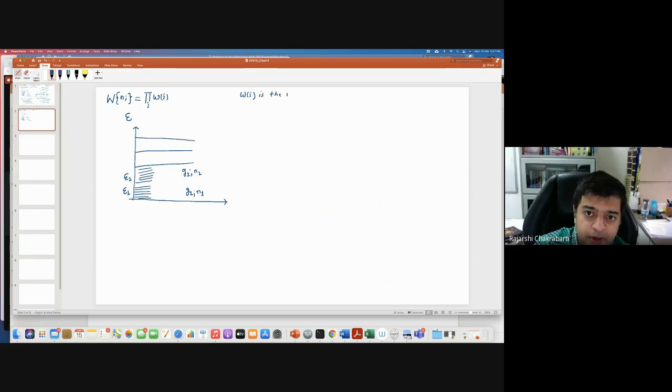This is the number of distinct microstates associated with the ith cell of the spectrum.